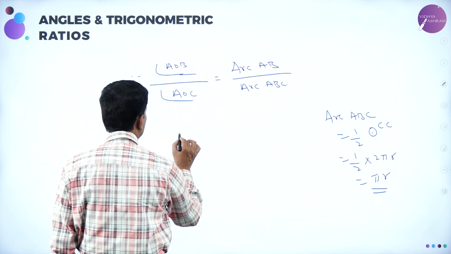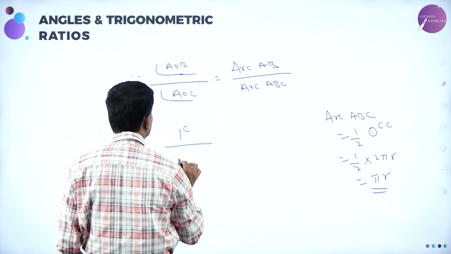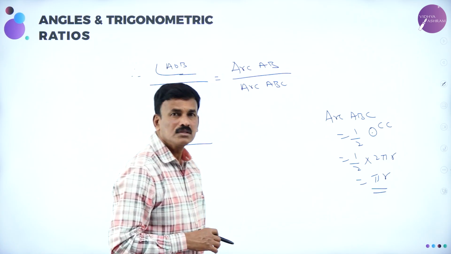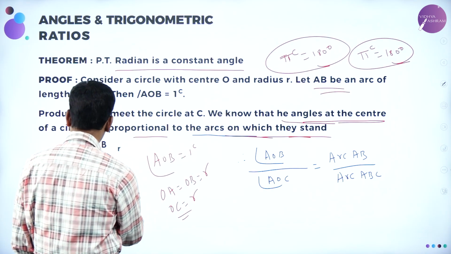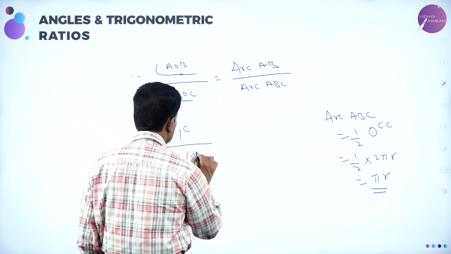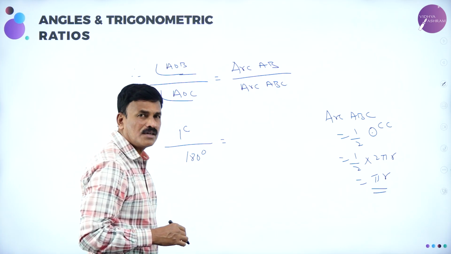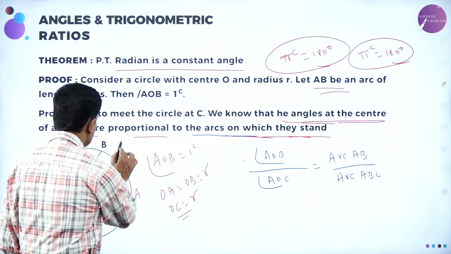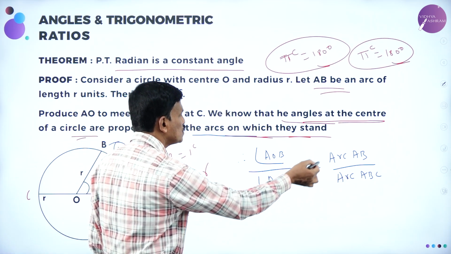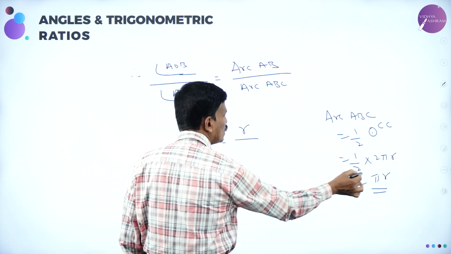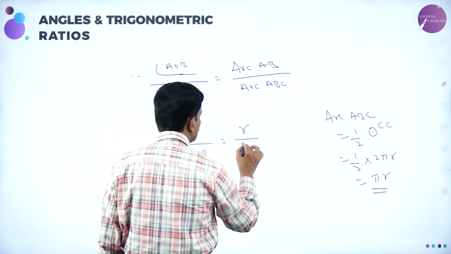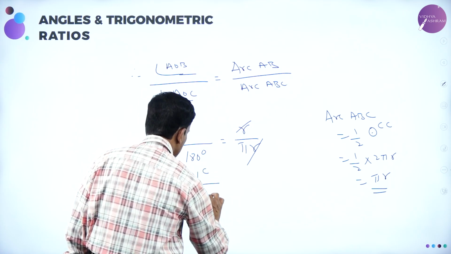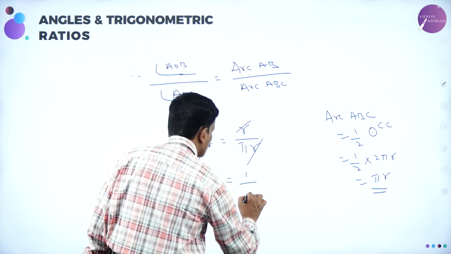Angle AOB is equal to 1 radian, divided by angle AOC. Angle AOC is nothing but 180 degrees, a straight line. So 1 radian divided by 180 degrees is equal to arc AB, which is R, divided by arc ABC, which is pi R. So R and R get cancelled. 1 radian by 180 degrees is equal to 1 by pi.